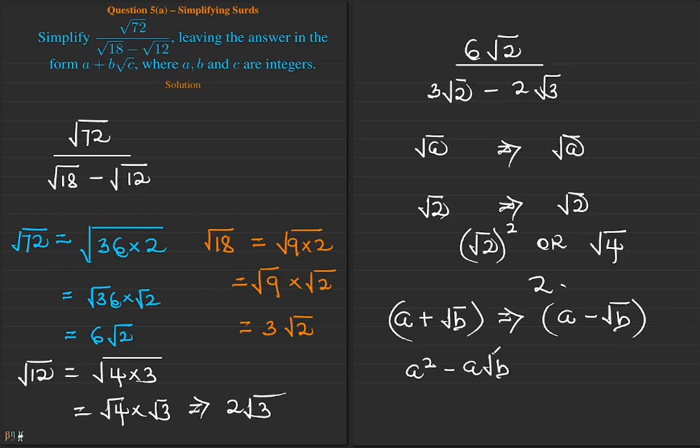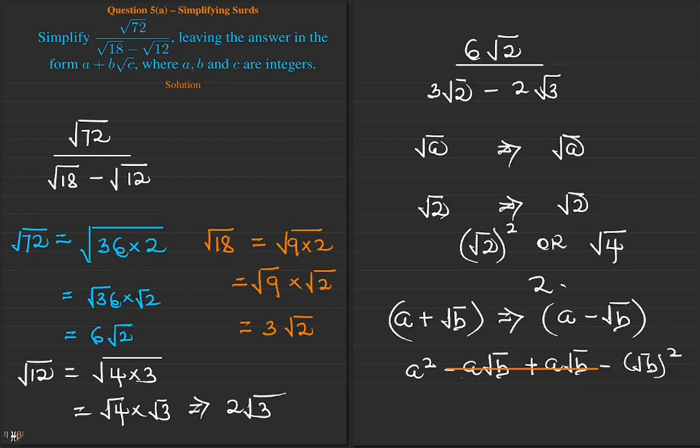That is a negative one, of course. Then root b times a would also give us a positive a root b. Then root b times negative root b gives us a negative root b all squared. Simplifying further, you realize that this is a negative of this, hence they cancel out.